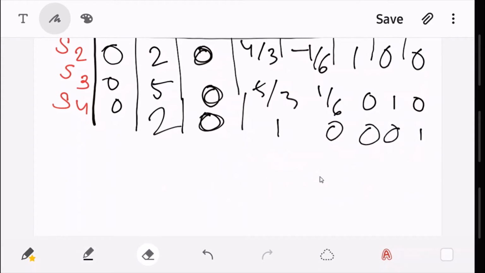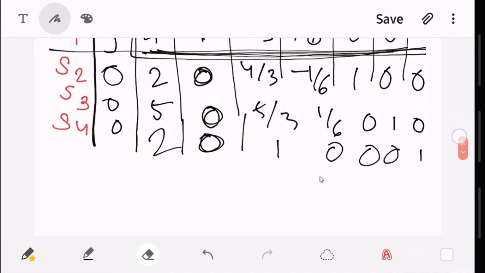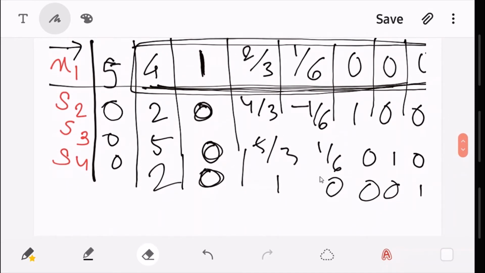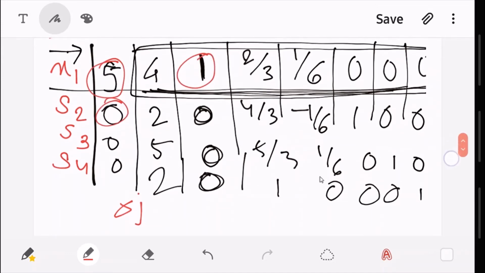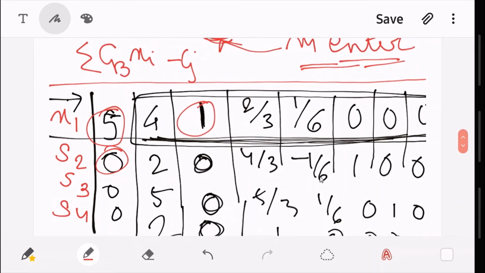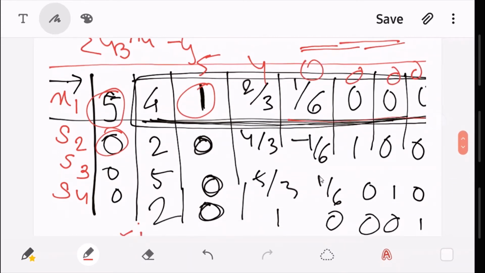Now this is my second iteration. Again we need to find del z value. So here del z is CB into respective column will be added minus the coefficient. Here the coefficient of x1 is 5, 4, 0, 0, 0, 0 because these are the slack variables.